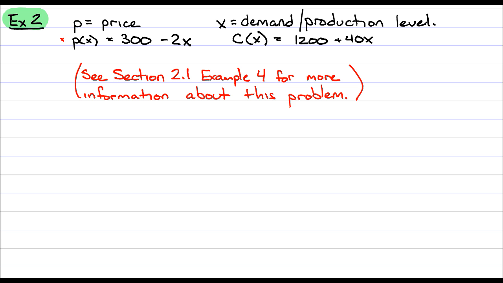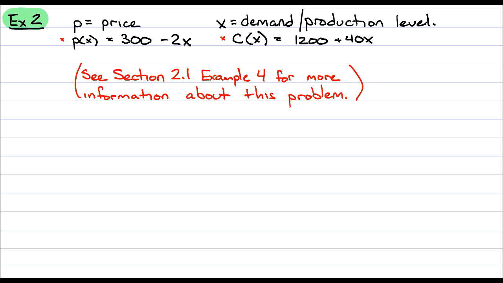The problem also gives us a cost function, which tells us how much Widgeco would have to pay to produce X widgets. And now we're going to construct and study the revenue and profit functions. We actually did that once before for this exact same problem. If you go to section 2.1, example 4, we have the same information, and from that we constructed the revenue and profit functions and then just saw how to work with them.